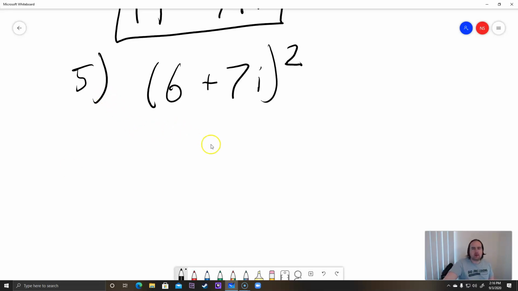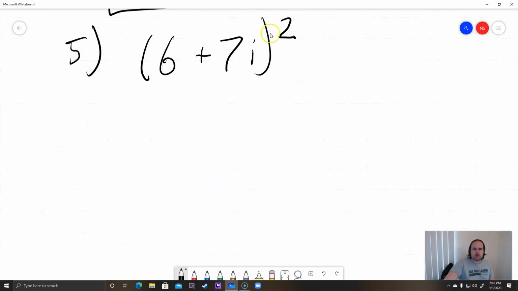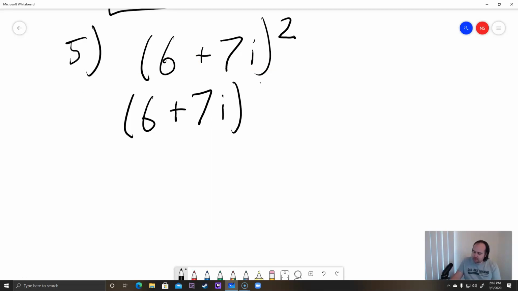Here what we want to do is, like I said, we want to multiply. Now, how do you multiply? And can you just distribute the square? Turns out you can't distribute the square because it has more than one term. But you can rewrite this expression as 6 plus 7i times itself. So 6 plus 7i times 6 plus 7i.